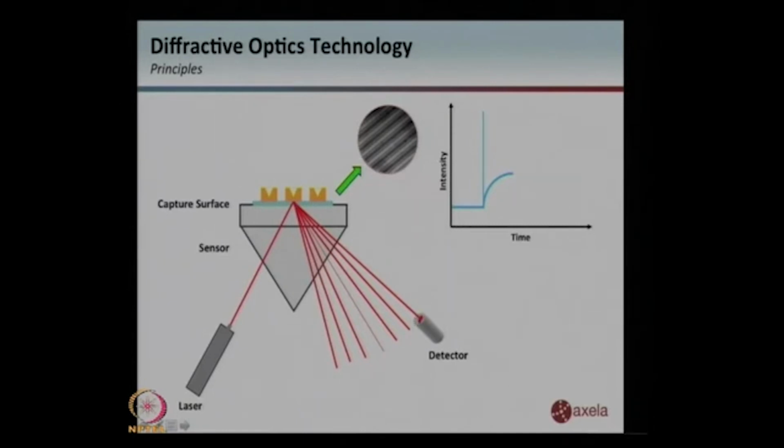So effectively, if I have a detector in one location, you can see that the signal increases with time as binding takes place. Now, if I were to introduce a second molecule that binds to that first one, again, the signal gets brighter, so my detector then has an intensity increase with time.